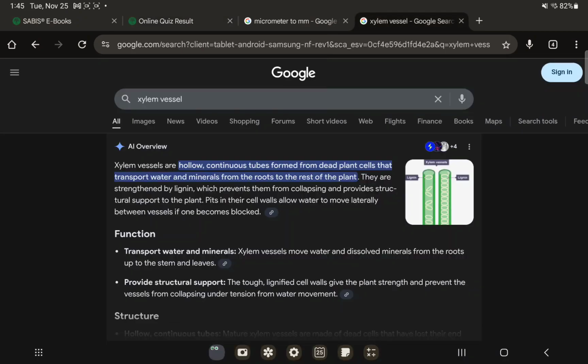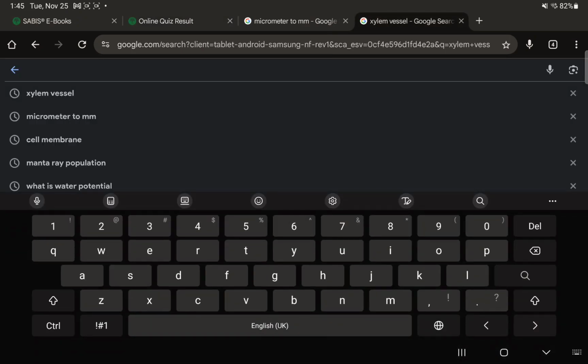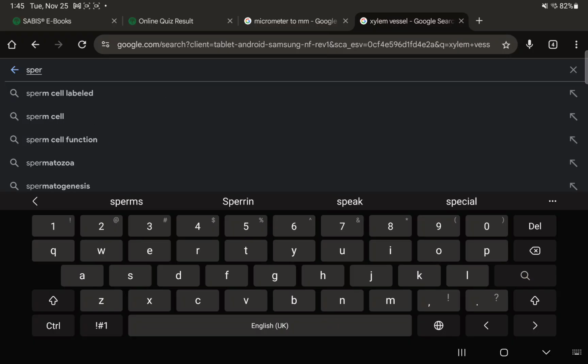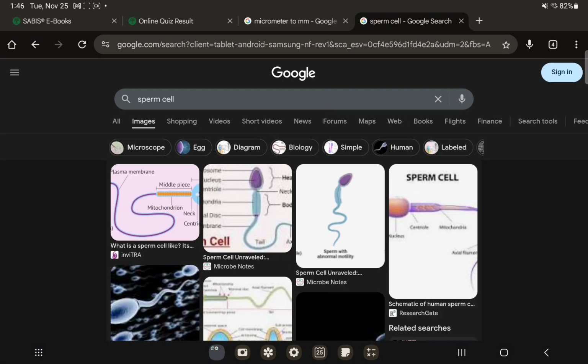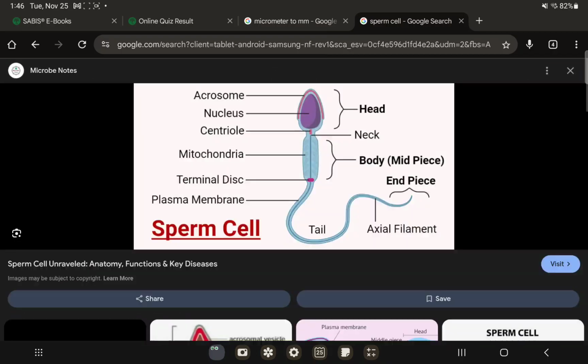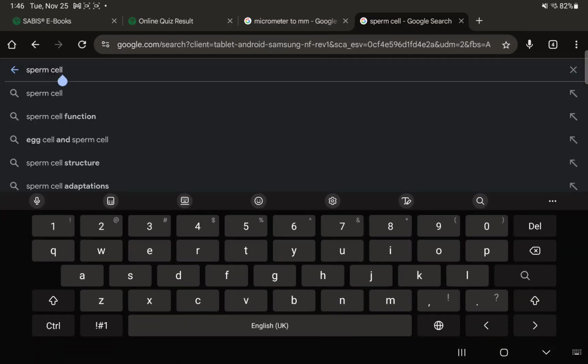So here, sperm cell images. This would be a sperm cell, which, when intercourse happens, is transported through the female reproductive system to reach the egg cell.